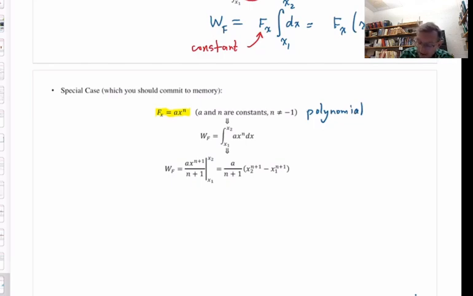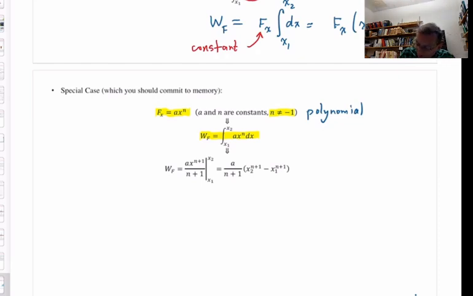The x force goes like a constant a times x to the power n, where a and n are constants, and n can be any value except it can't be -1 for the situation I'm telling you now. So, if you want to calculate the work done by a force of that form, a polynomial function of x, then here's the step you have to do. You have to integrate a times x to the n power dx from x1 to x2.